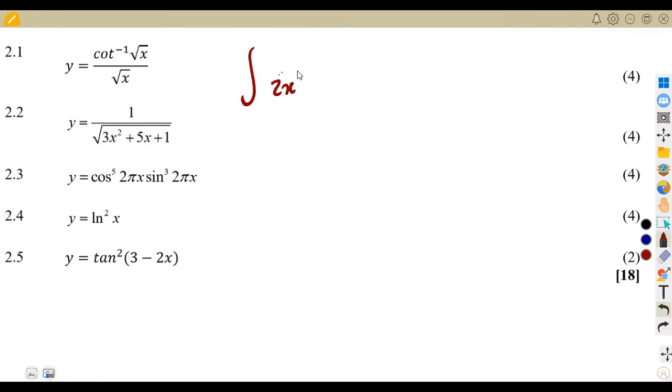Maybe we are given 2x, or maybe the cos of this is x to the exponent of 3 plus maybe 1 or maybe 2x, whatever, where you can try to apply your substitution, or maybe you've got the integral of x cubed plus 2x plus 1 to the exponent of 3 dx.